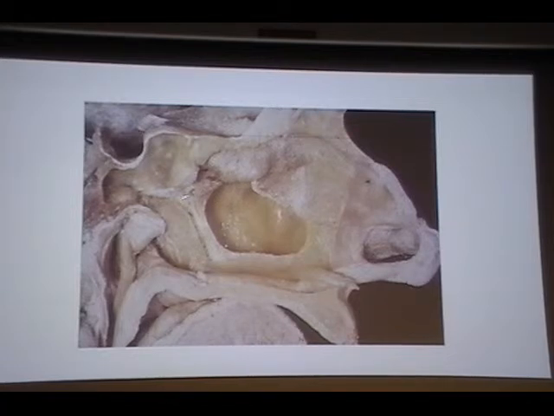Here is this space up here. What space is this? Pterygopalatine fossa. This is the descending palatine canal. Okay. So this is coming into the hard and soft palate, and I'm going to show you the nerves there.